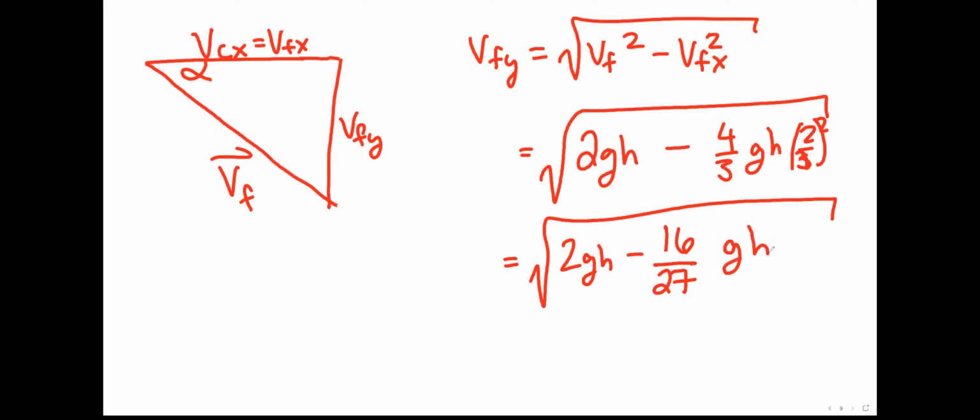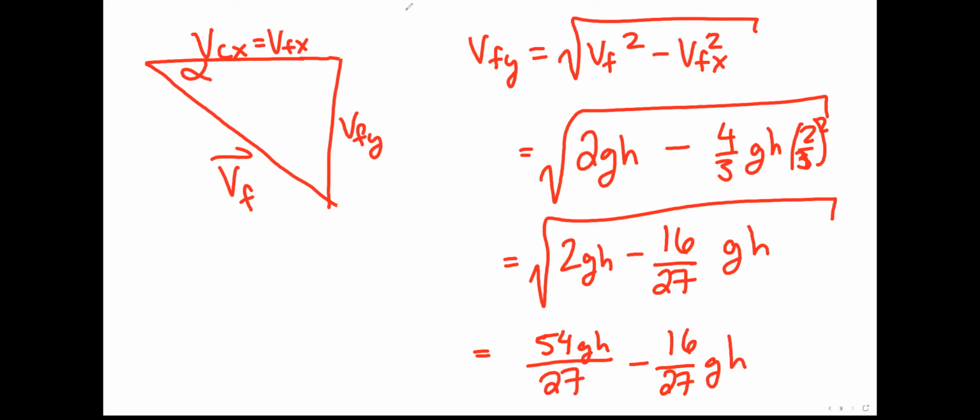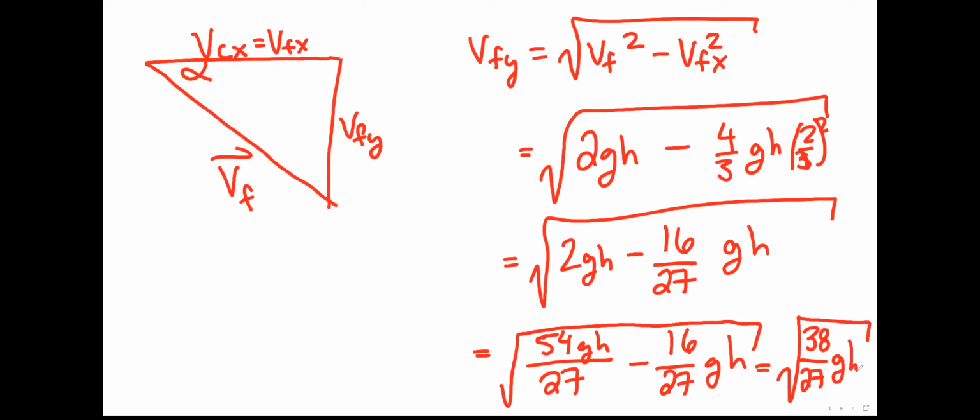So to get a common denominator, we'll do 54/27 GH minus 16/27 GH. And this will just be 38/27 GH.